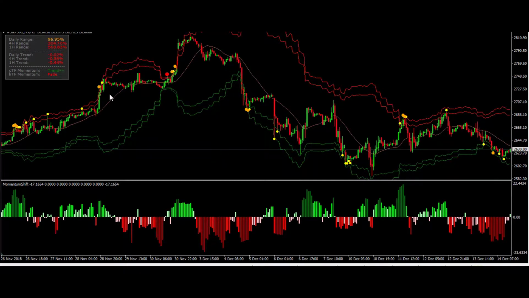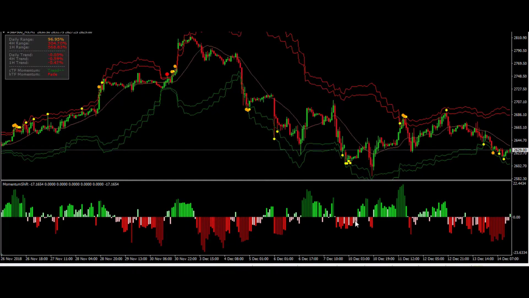So here we have a more rhythmic action where consecutive lower lows on the price chart are matched with consecutive higher lows on the momentum shift histogram, implying very good and very obvious grind divergence.